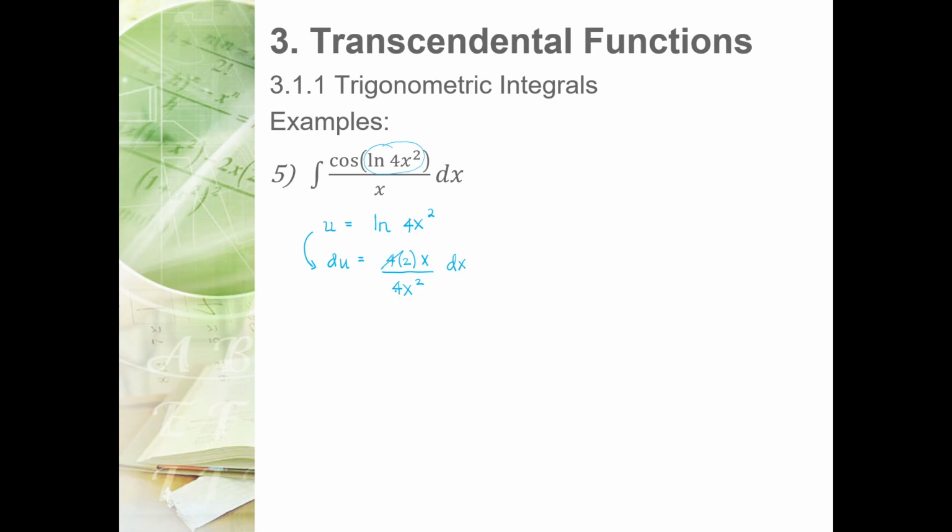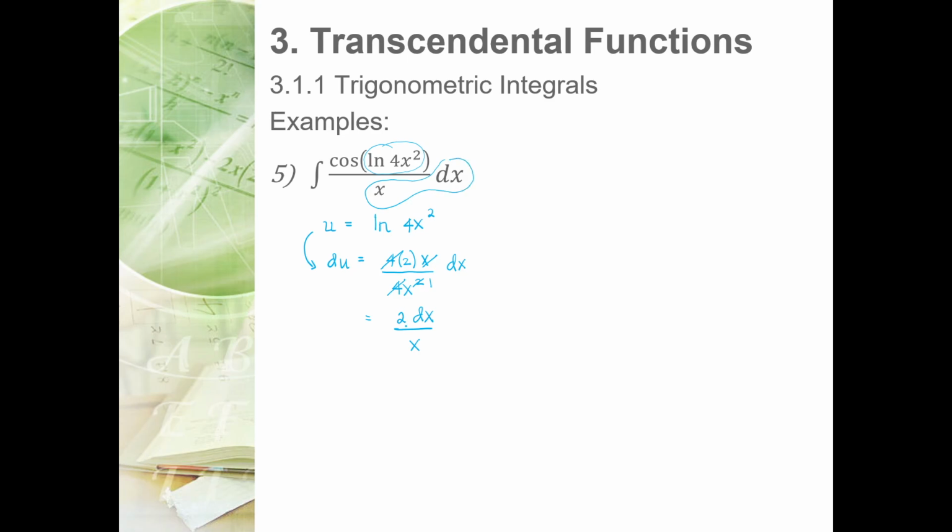So cancel out 4, cancel out 1x, and what remains is just 2 dx all over x. Notice in the numerator, in the given expression above, we have dx over x, di ba?